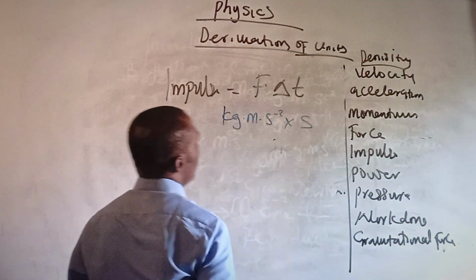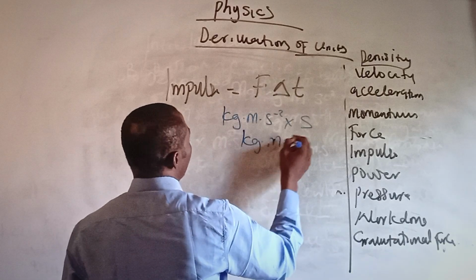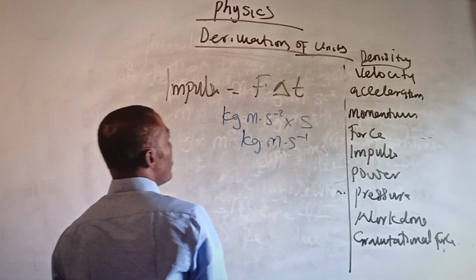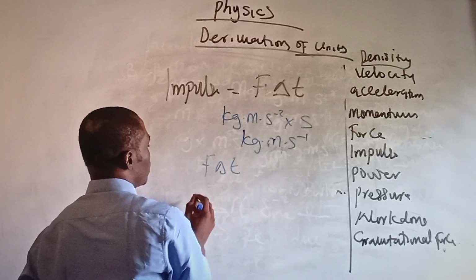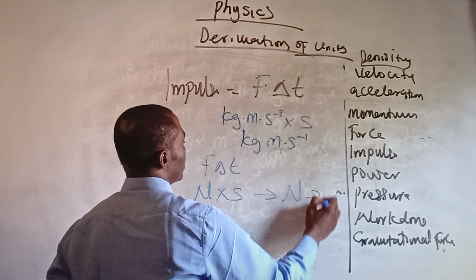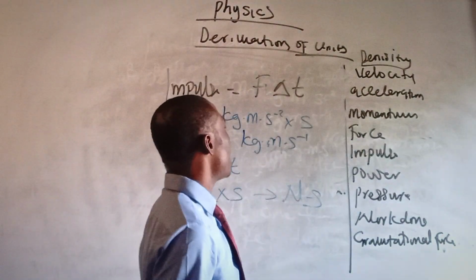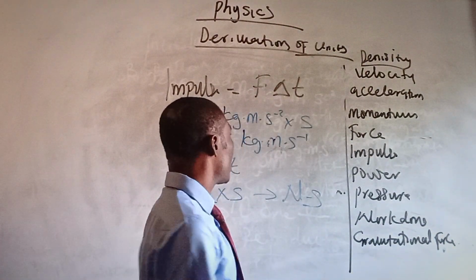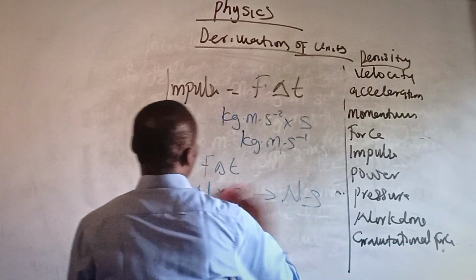So minus 2 plus 1 is minus 1. So we have kilogram meter per seconds to the minus 1. Meanwhile, if you use force as Newton, Newton times seconds, of course, this is Newton seconds. So that's the final answer: Newton seconds or kilogram meter per seconds to the power of minus 1.